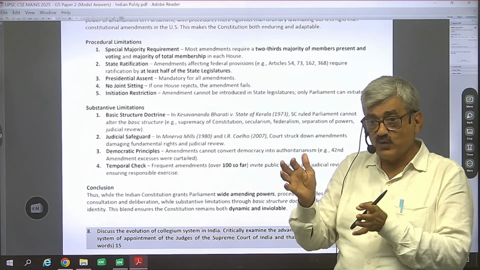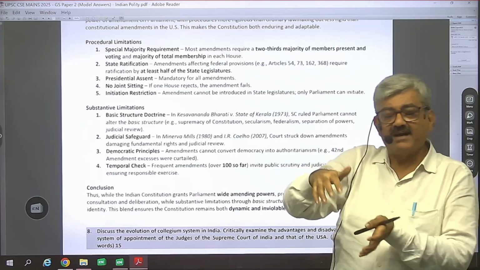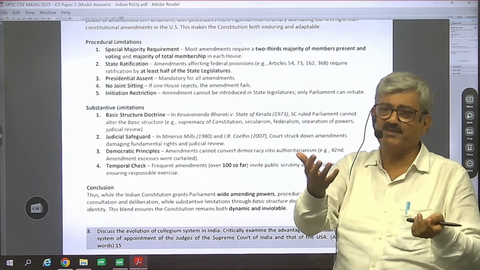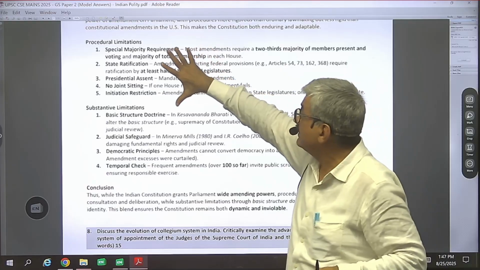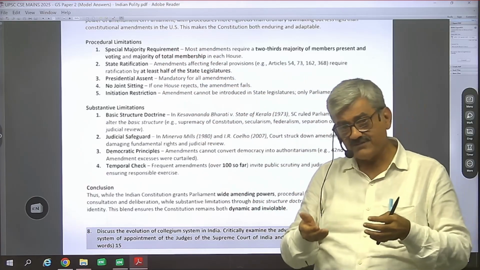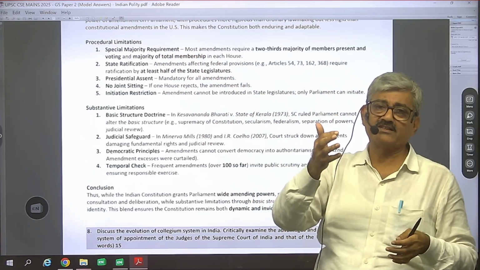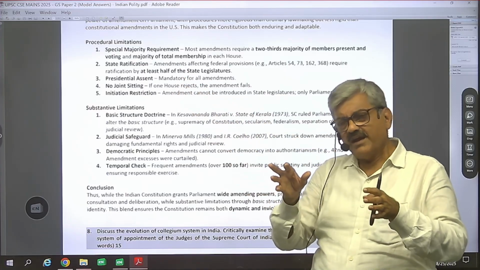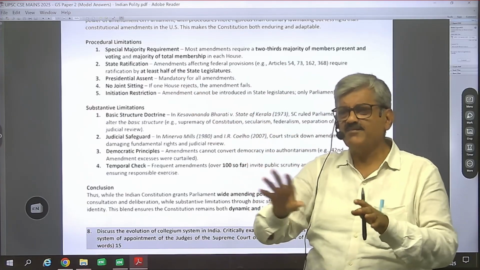It allows larger public and representative participation in amending, and depending on the importance of the bill, we have these special majorities. We have certain normal majority cases also, and certain special majority requirements also, not only for amending but for any bill passing.